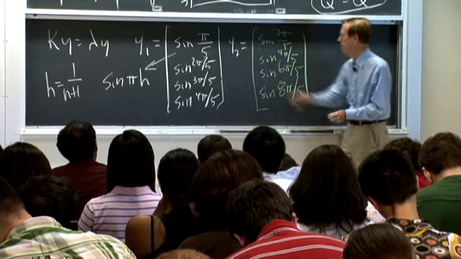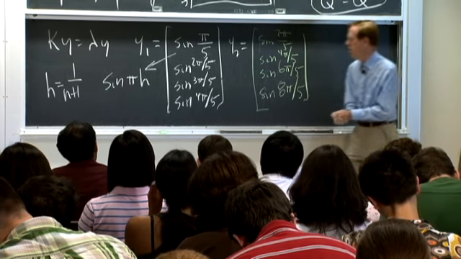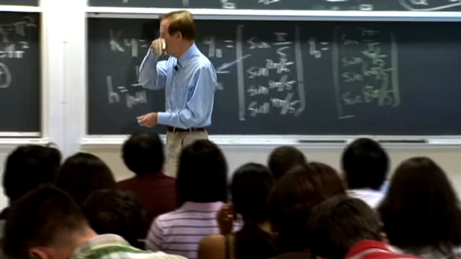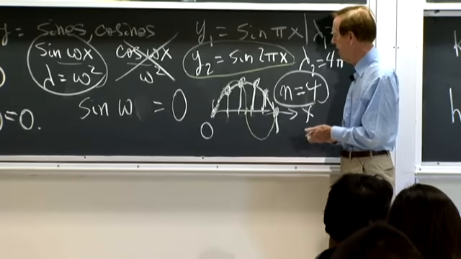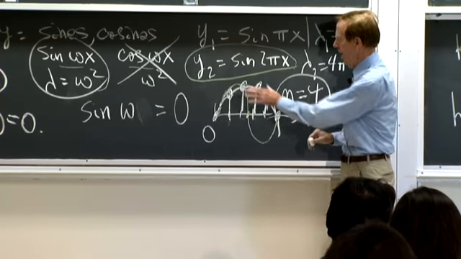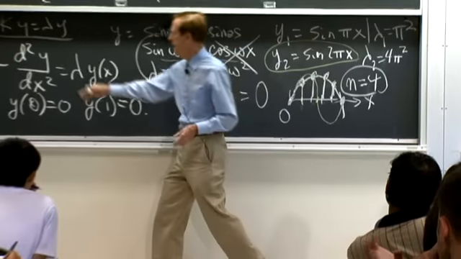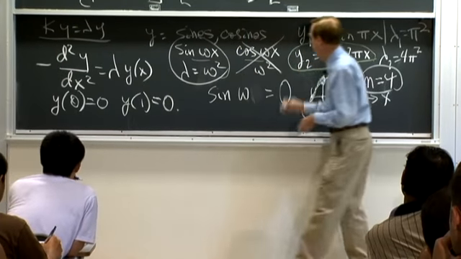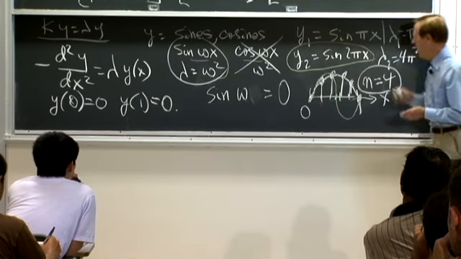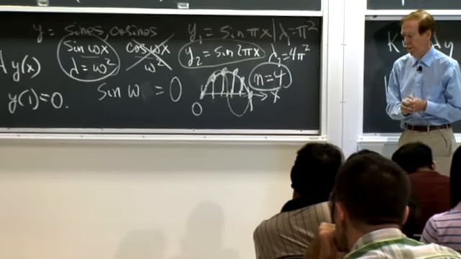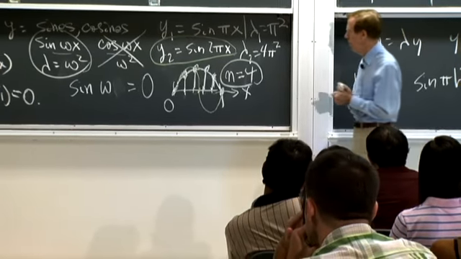Well, to check that, I'd have to do some trig stuff. But what I was going to do was come over here and say, this was a symmetric differential equation. We found its eigenfunctions. What do you think is up with those? Those are orthogonal too.